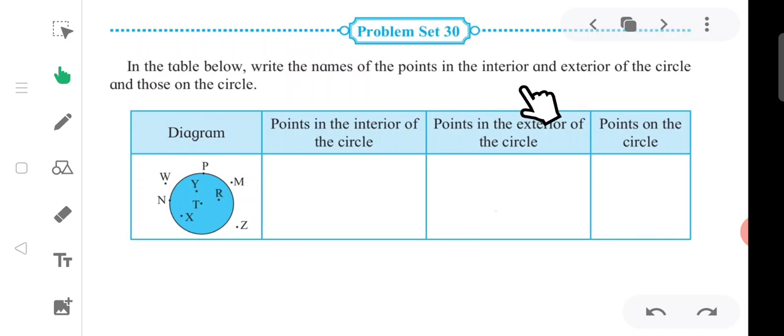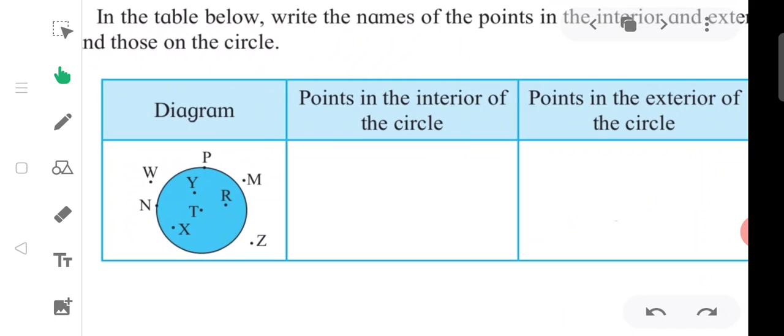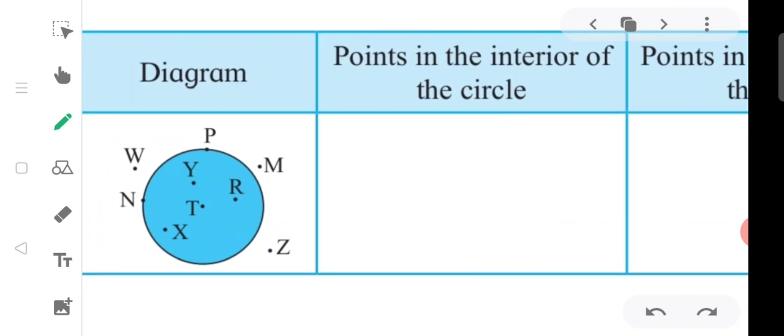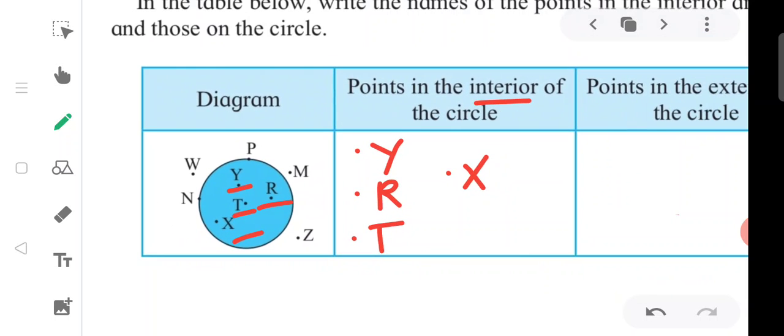In this diagram, points Y, R, T and X are the interior points, so you write point Y, point R, point T and point X as the interior points.